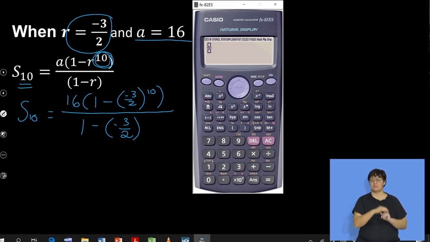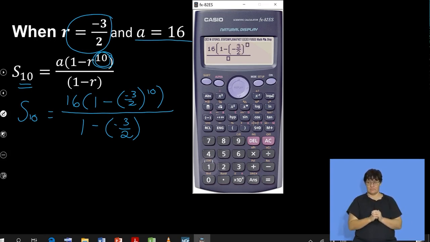So it's going to be 16 times 1 minus negative 3 over 2 to the power of 10, and this is all going to be over 1 minus negative 3 over 2.